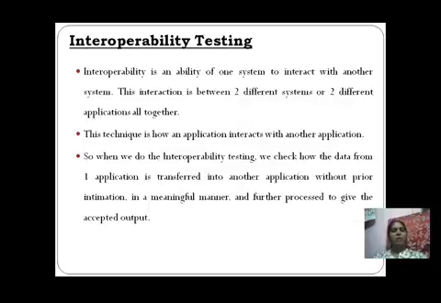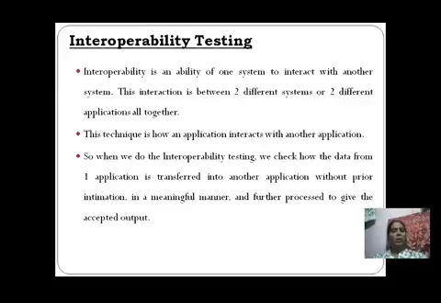So we will revise again the interoperability. Now, interoperability means an ability of one system to interact with another system. So the interaction between two different systems or two different applications altogether is nothing but interoperability. This technique checks how an application is going to interact with another application.